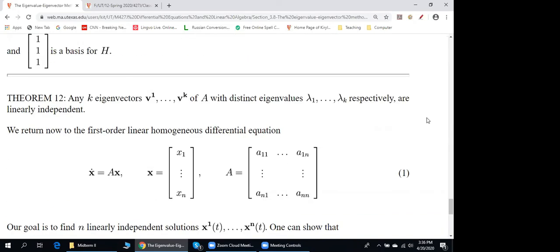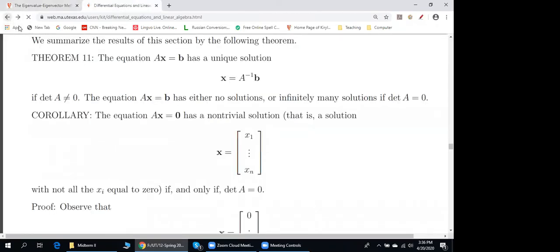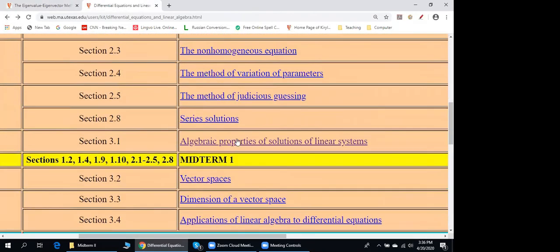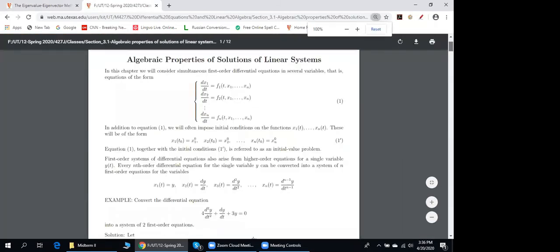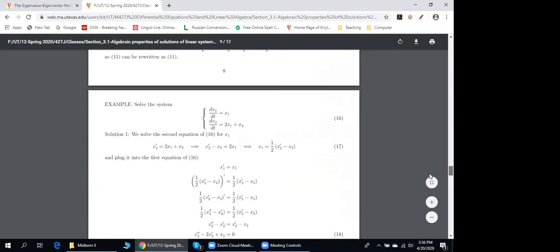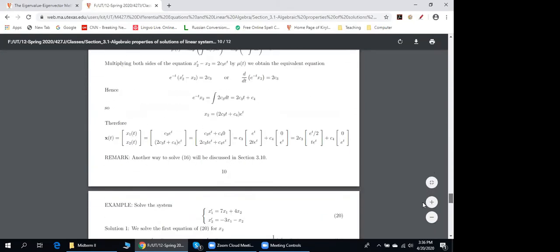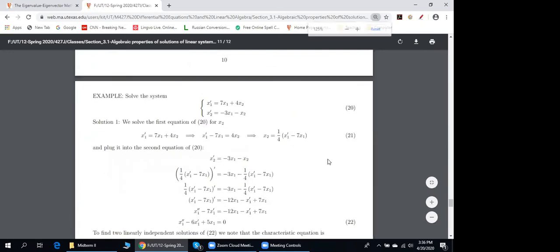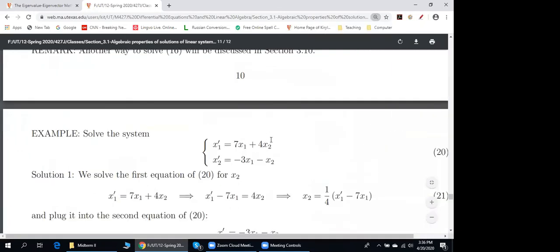And now applications, guys. Let us go back to systems of differential equations. We already discussed how to solve such systems in section 3.1. For example, please take a look at this. We discussed several examples. Let us go over this example once again.